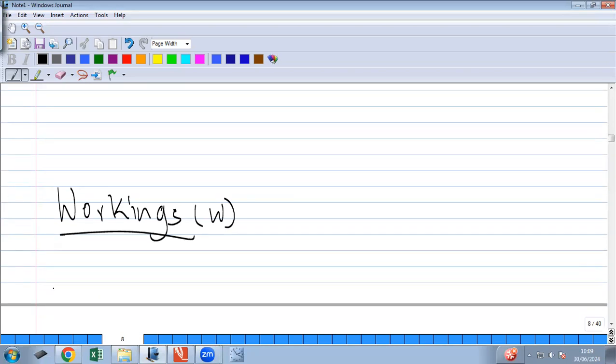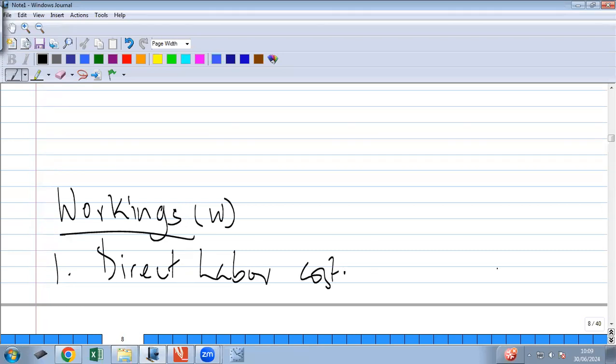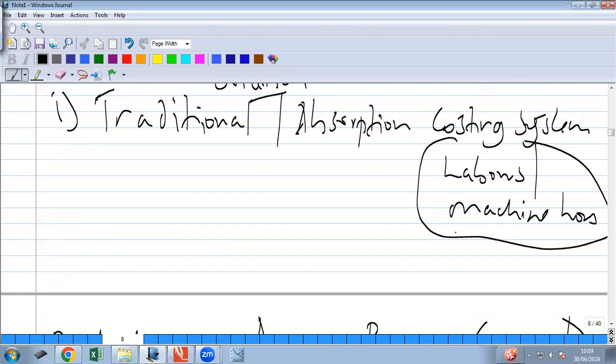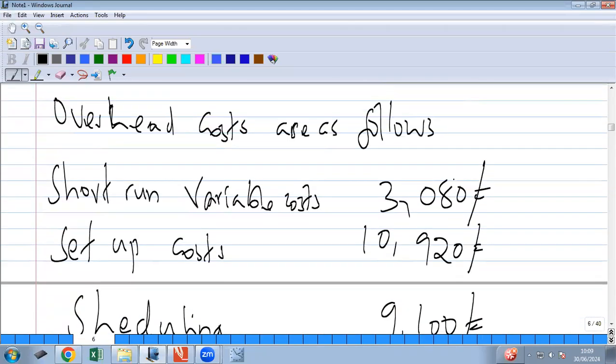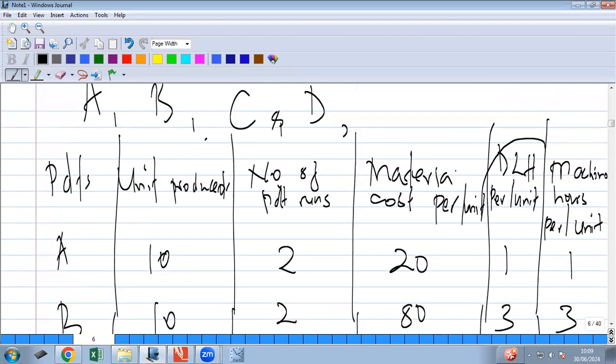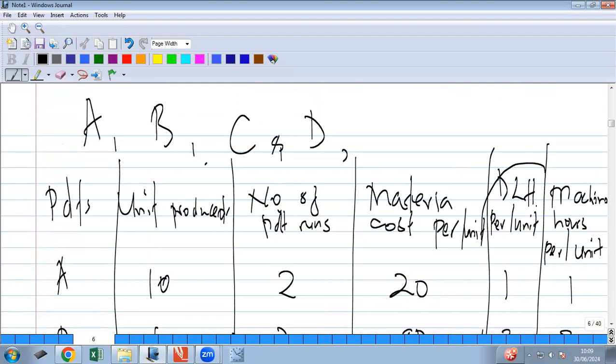Let us start with direct labor cost. In this information, they have told us that direct labor, we have direct labor hours, but this direct labor hours is per unit.